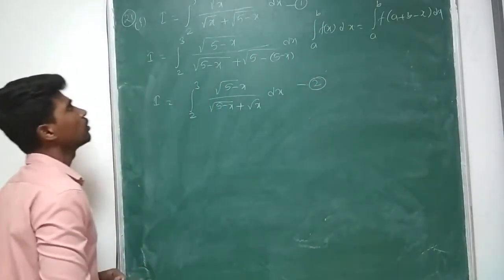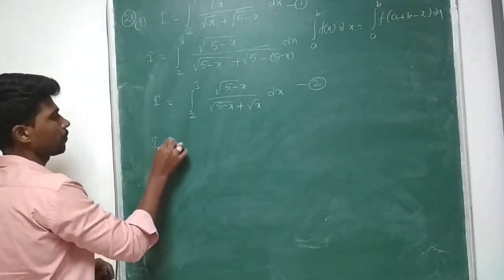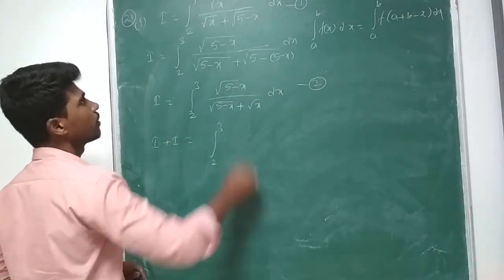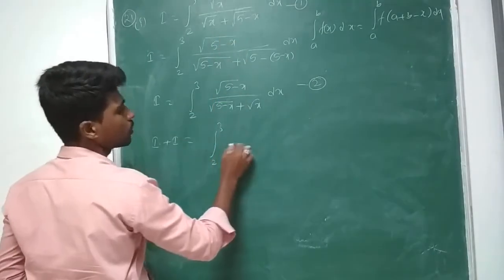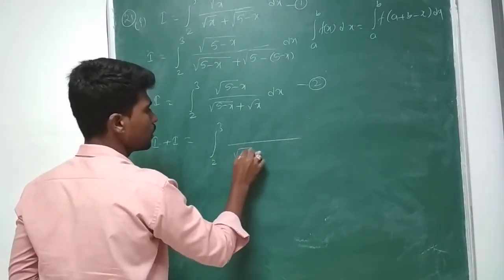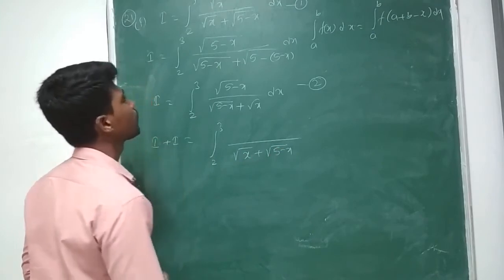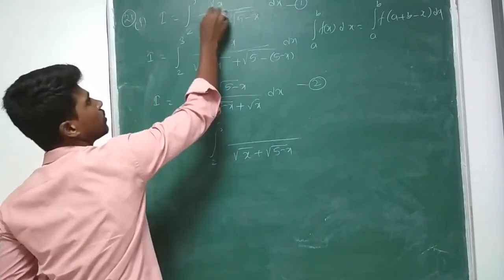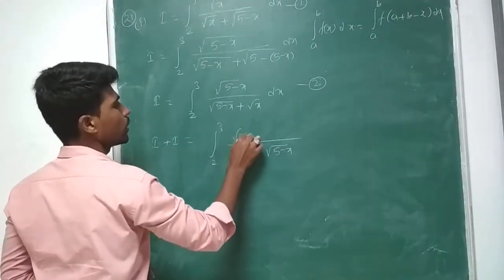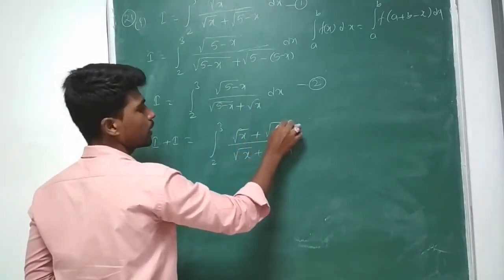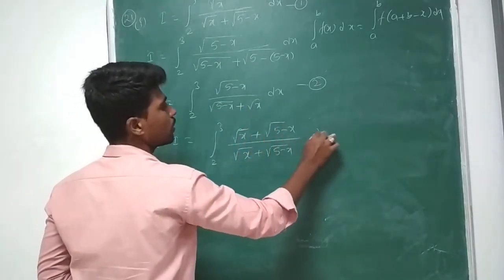Add 1 and 2, I get I plus I, which is equal to integral 2 to 3. Denominators are same, so I can take the same denominator, which is root x plus root of 5 minus x, and the numerators are root x plus root of 5 minus x dx.